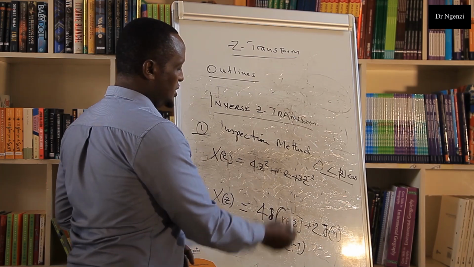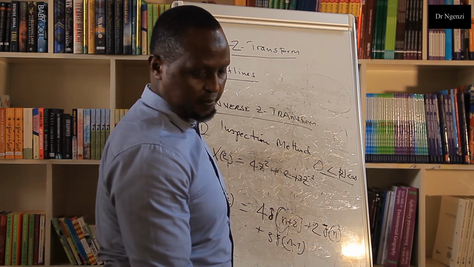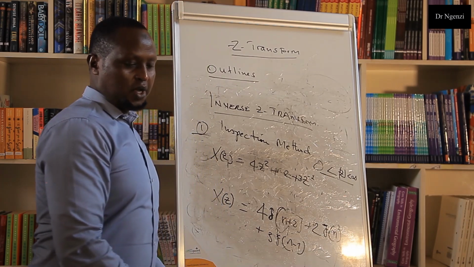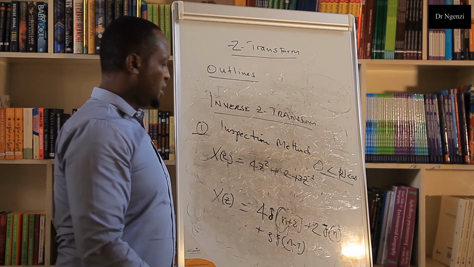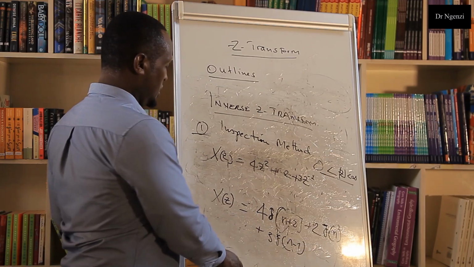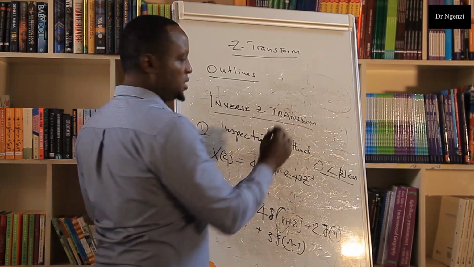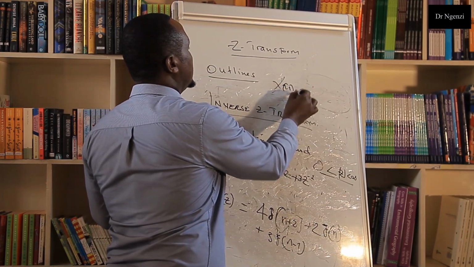So you are going to see the inverse of all the terms in the brackets there. If you want to write it function-wise, let me write on the top because it is x of n here.